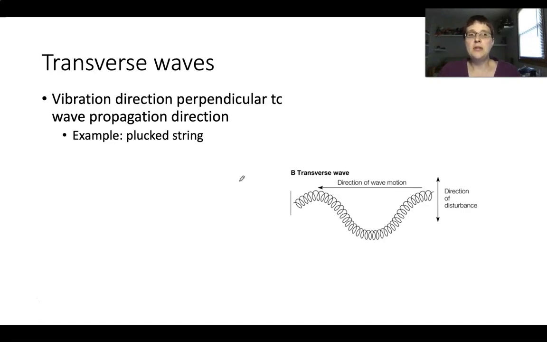So think about a plucked string or a jump rope, right? If you flick a jump rope up and down, or like a wave on water. Those all are doing the same sort of thing. The wave is going up and down while it moves forward.